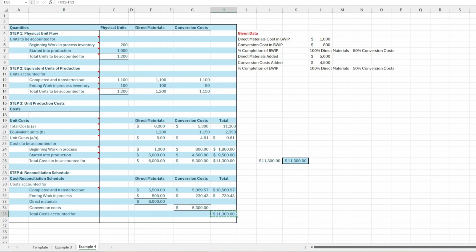So this is pretty much the reason why we do step 4, just to see if these two add up and are equal to each other. And what we can also do is, I believe if you do direct materials plus conversion costs, it also gives you 11,300. So this is pretty much step 4. It's just taking everything we just did from steps 2, 3, and 1 and combining it to make sure that our prices and units are adding up.